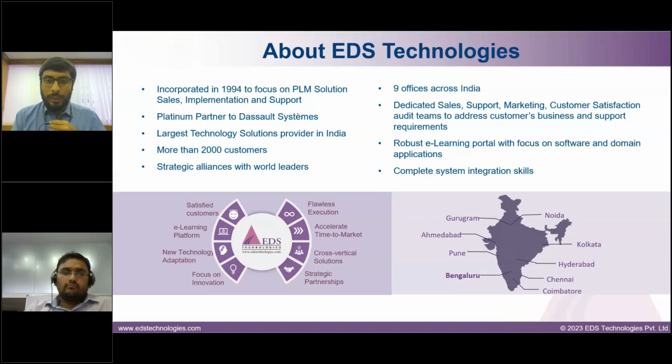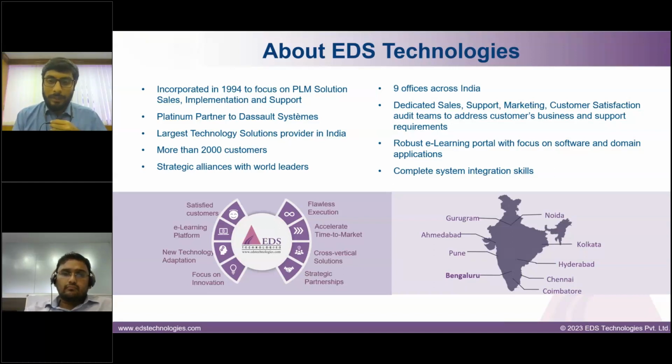To ensure that we are closer to our customers and to understand their needs, we operate in a total of 9 locations across India. Among the many partnerships we have, the strategic partnership with Dassault Systems for creating and analyzing virtual twins in the manufacturing is one of the most prominent ones.